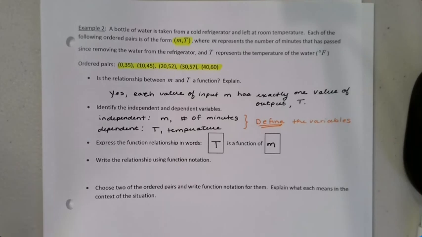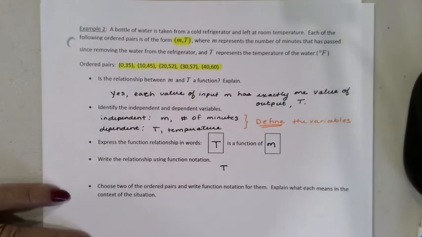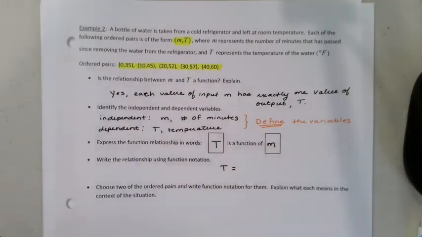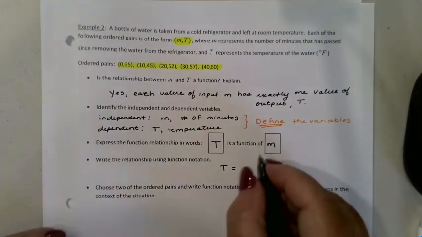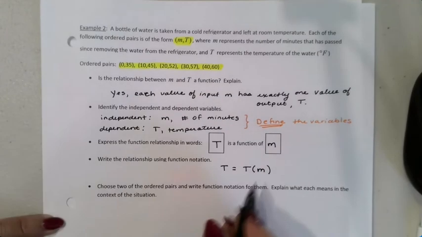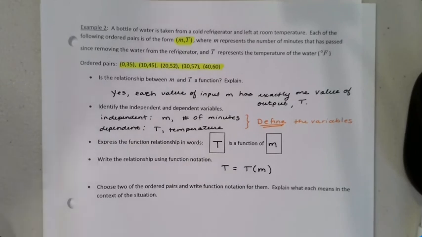Now I could write that relationship using function notation. I could say t, my output variable, is a function of m. I could write that as f of m or g of m, but I'm just going to choose to write it as t of m. Again, I really often like to use the output variable as the function name. It just reminds me what I'm talking about.